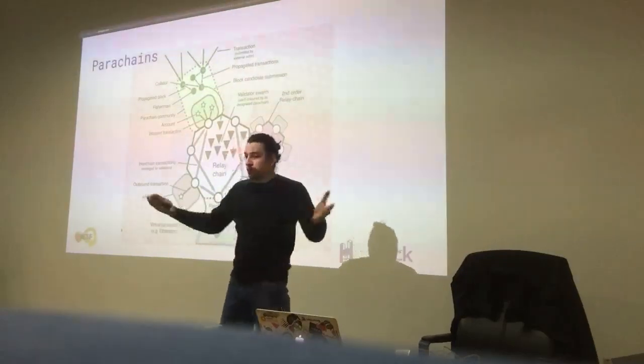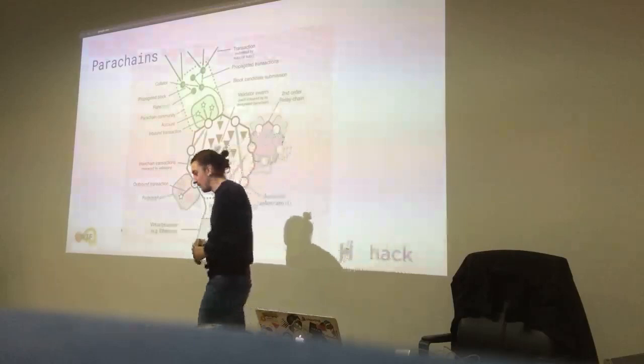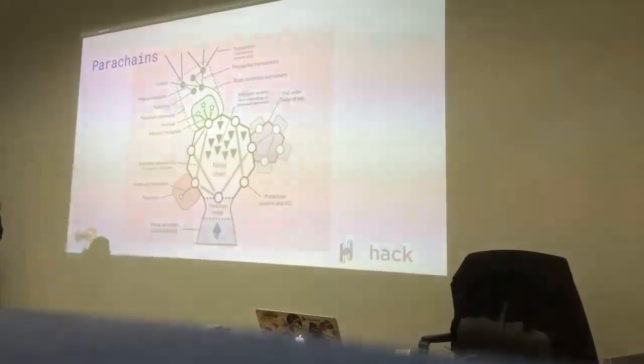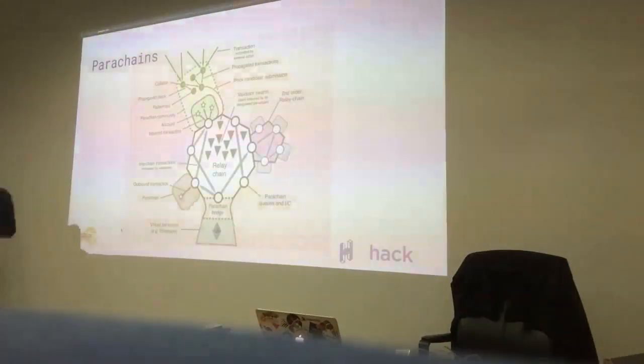So if you decide to create a blockchain of your own, you will have to handle lots of things. First, for example, you need to think about the consensus mechanism.